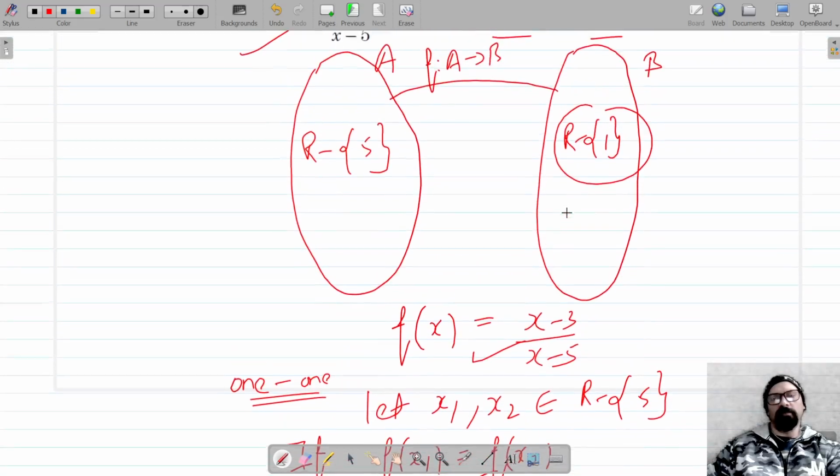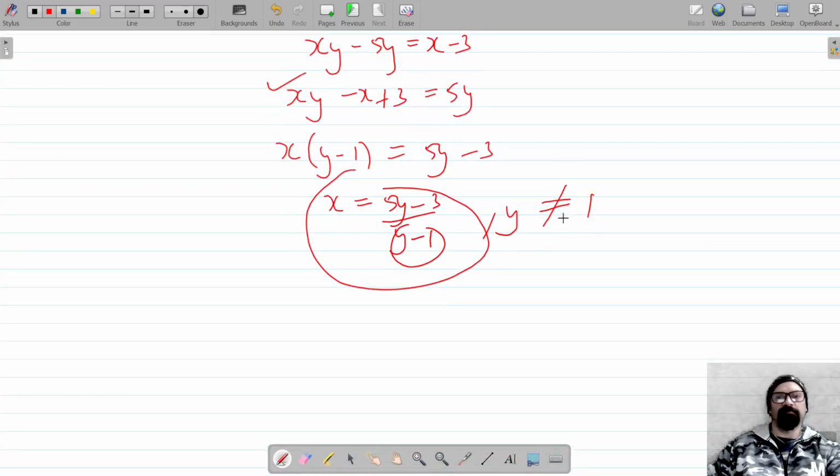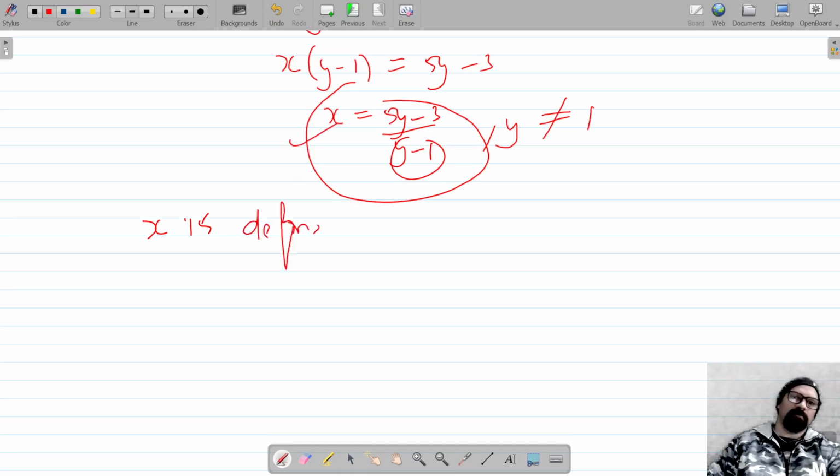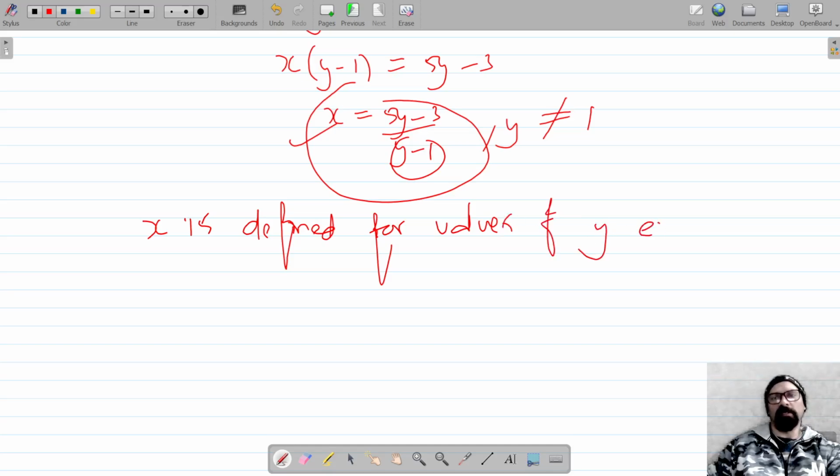So our codomain becomes the range. We can observe that this x is defined for all values of y except 1.